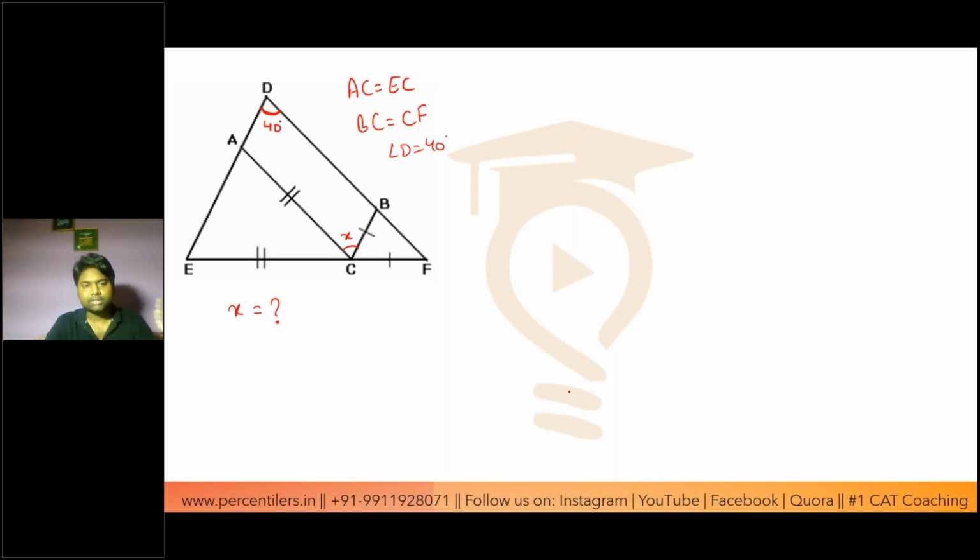So like yesterday, today also, for each of these questions, I will give you two solutions. One, the traditional, conventional one, and the other, a shorter solution, an alternative solution.